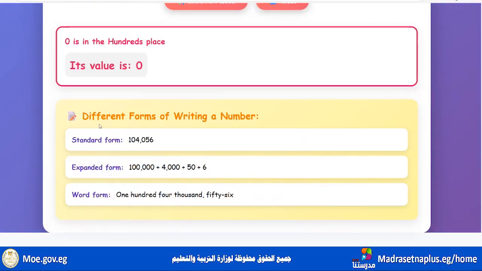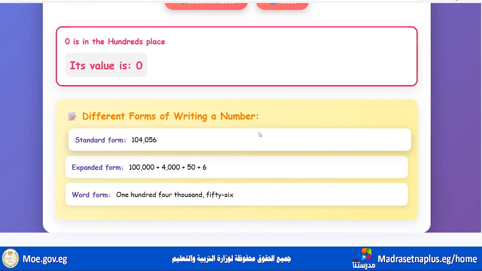Okay? We should know there are different forms of writing a number. This is called standard form. If you write the value of each digit, it's called expanded form. The last one is word form. 104,056.